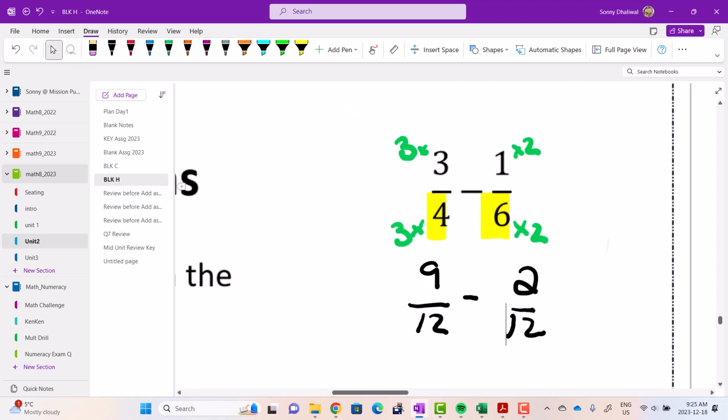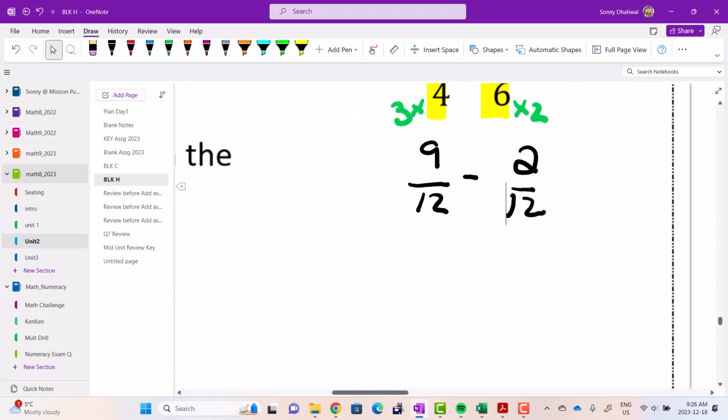So now, since both bottoms are the same, we can add these, or subtract in this case. We go, the bottoms are both 12s, so it stays at 12. Right? We couldn't do that before. Hello, Kane. We're on day 8 right here, okay?